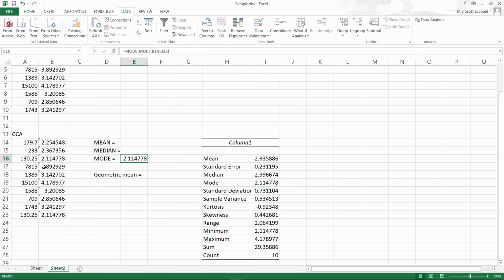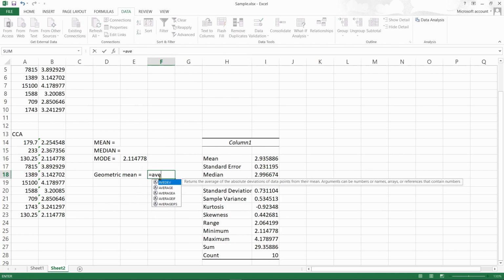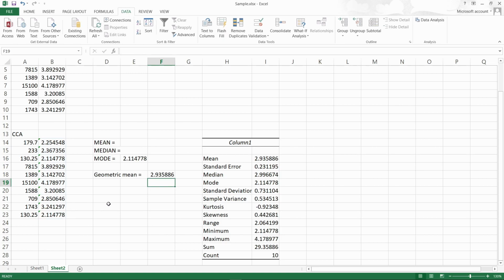Since this is CFU counts and you are interested in the geometric mean of this data, as I've already mentioned, you can get the geometric mean by averaging the log data. Then to get the geometric mean, you have to anti-log it, which is just this.